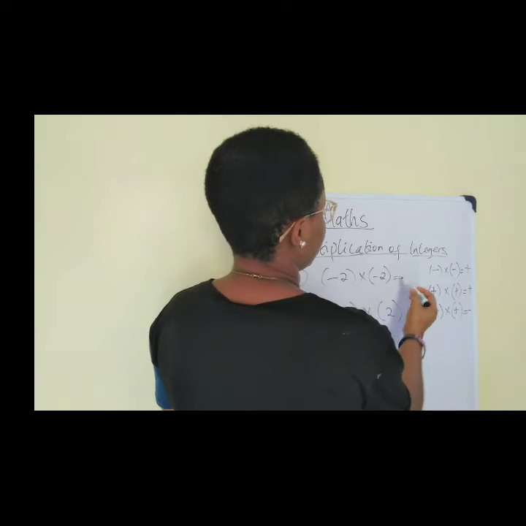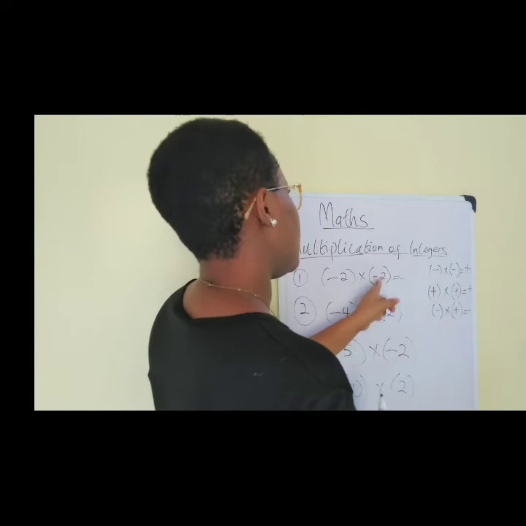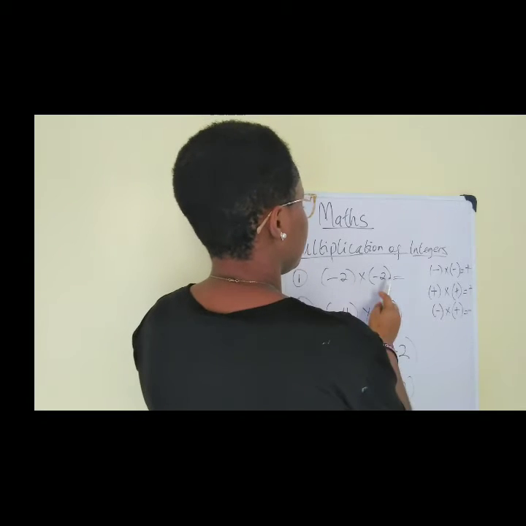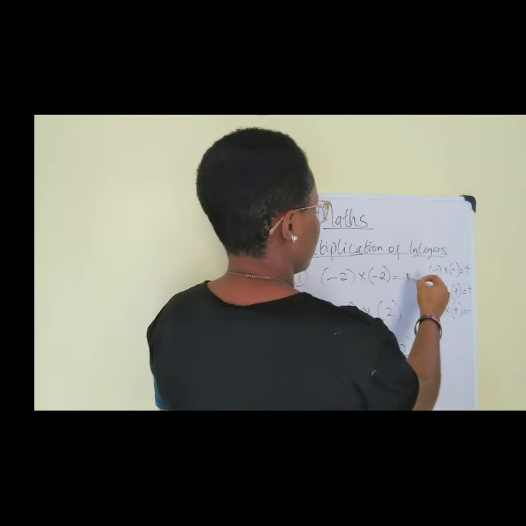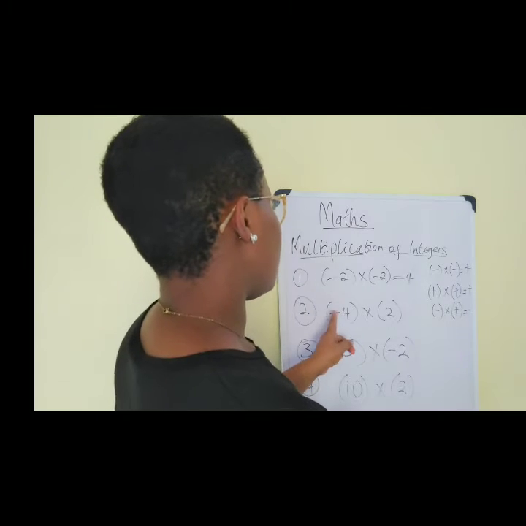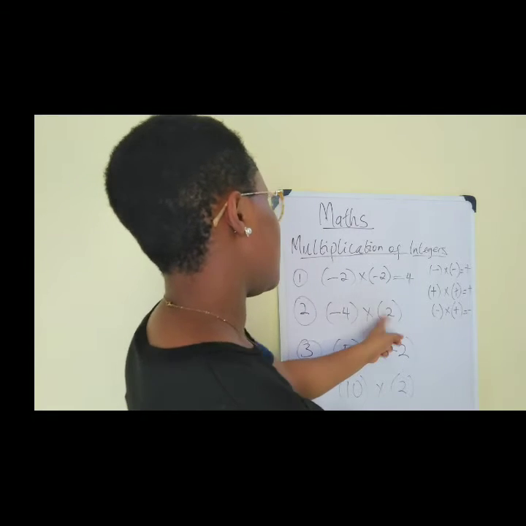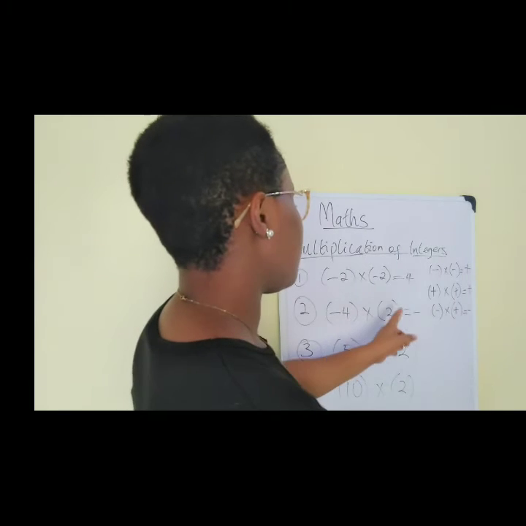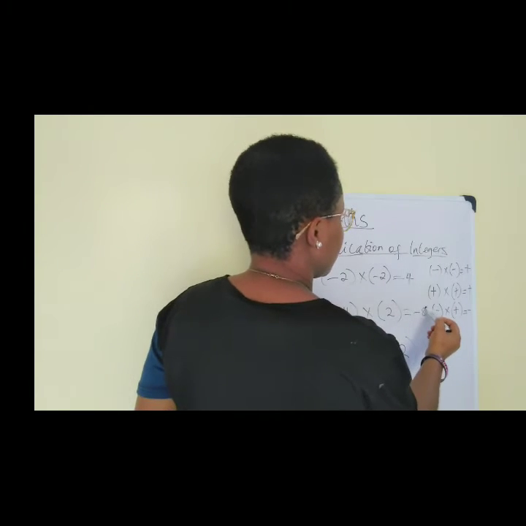For the first one, negative multiplying a negative will give us a positive outcome. 2 times 2 is 4. So we'll have a positive 4. The second one, a negative multiplying a positive will give us a negative outcome. 4 times 2 is 8.